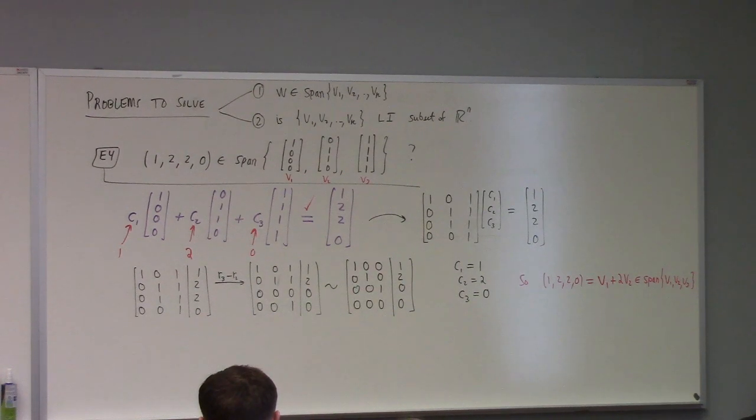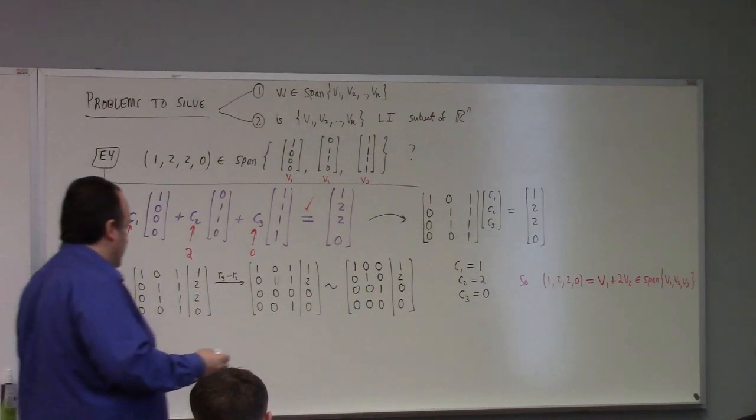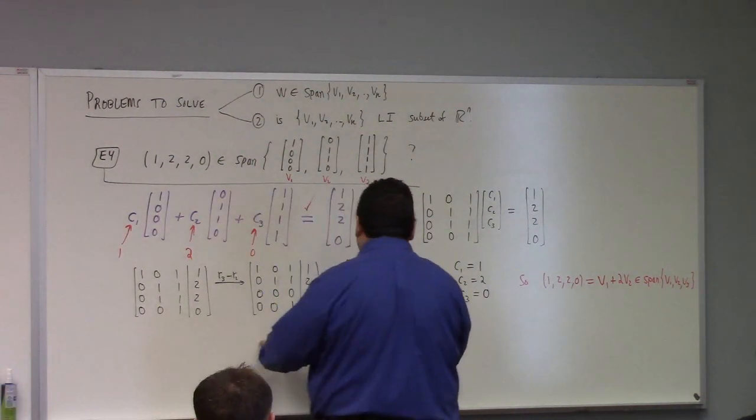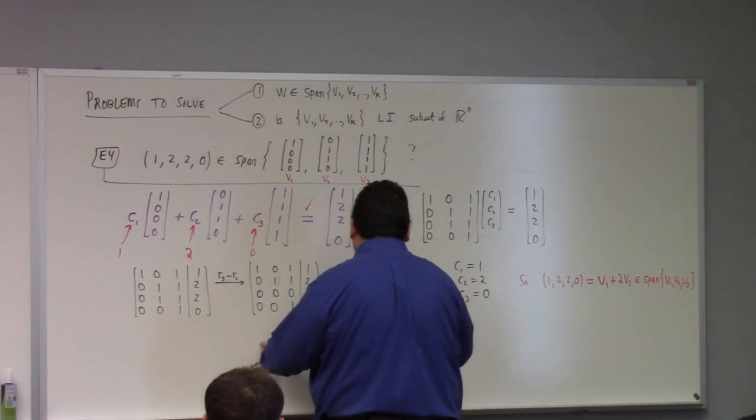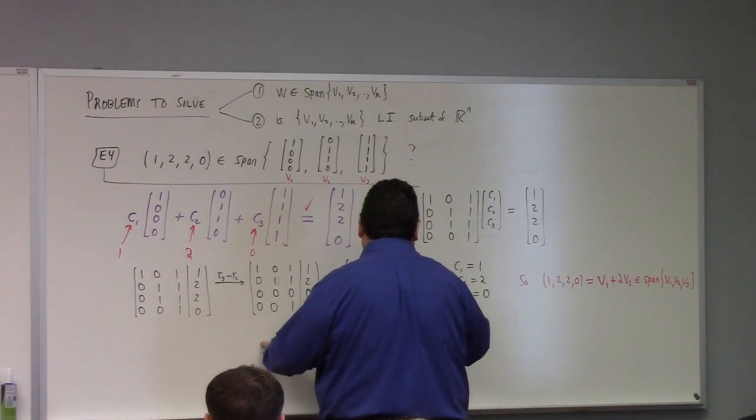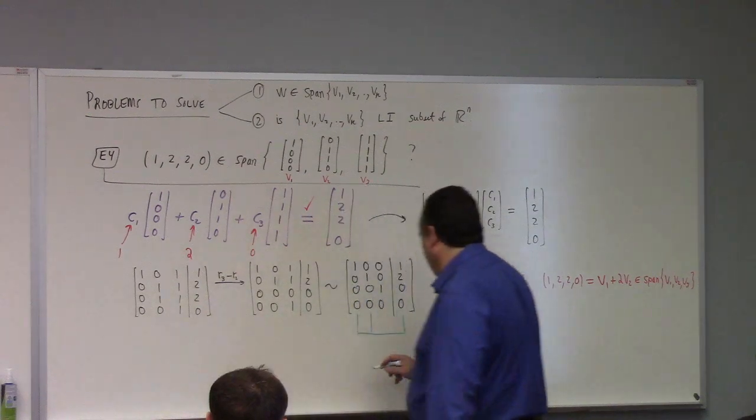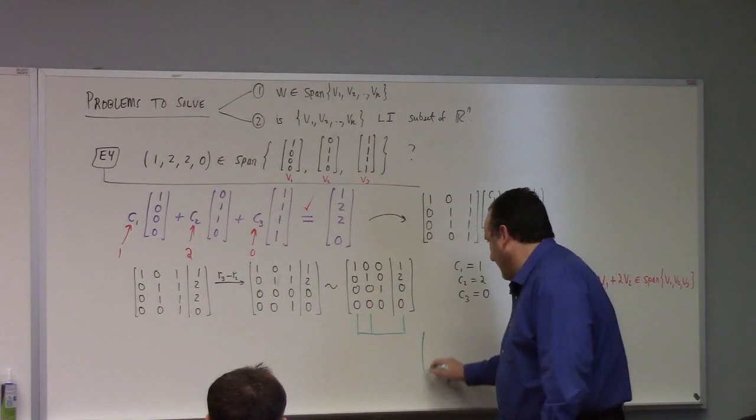All right, so then what? I want to point out something to you. Look at the reduced row echelon form of the matrix, right? See this here? This guy and that guy. What can you see? 1, 2, 0, 0 is equal to what?